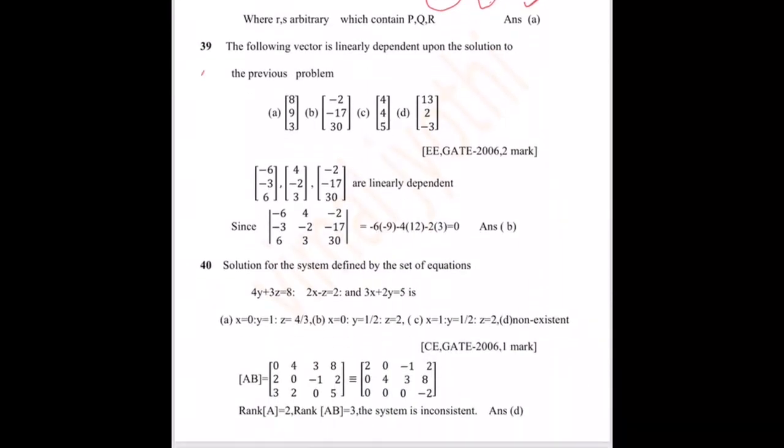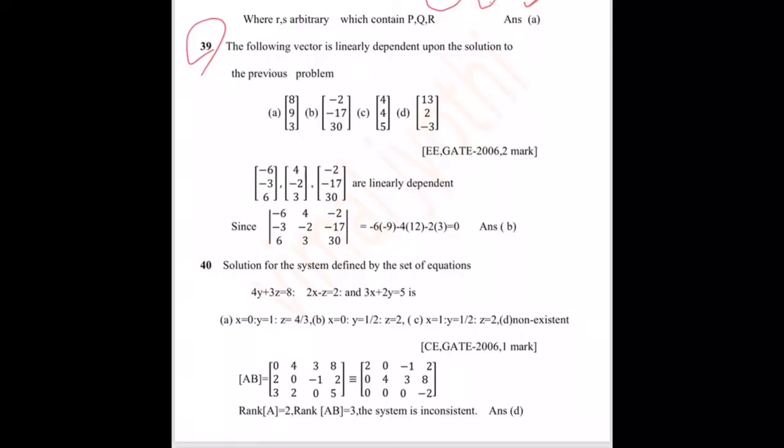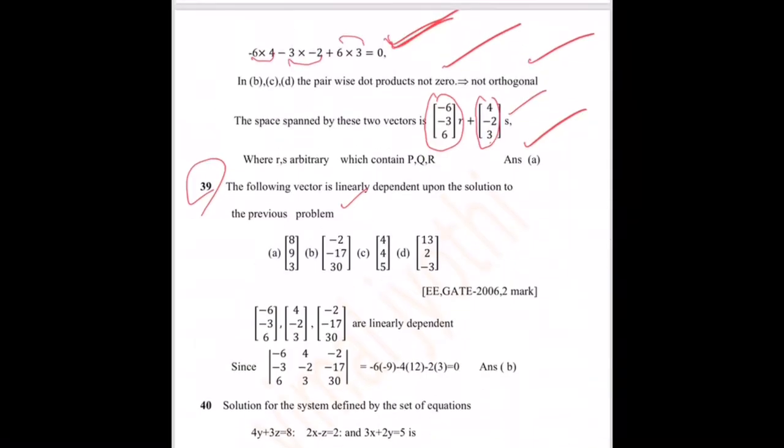Then problem number 39. Do the following vectors linearly depend upon the solution to the previous problem? In the previous problem, we had minus 6, minus 3, 6, and 4, minus 2, 3. These 2 vectors together with which vector are linearly dependent? Take these 3 vectors as columns of a matrix.